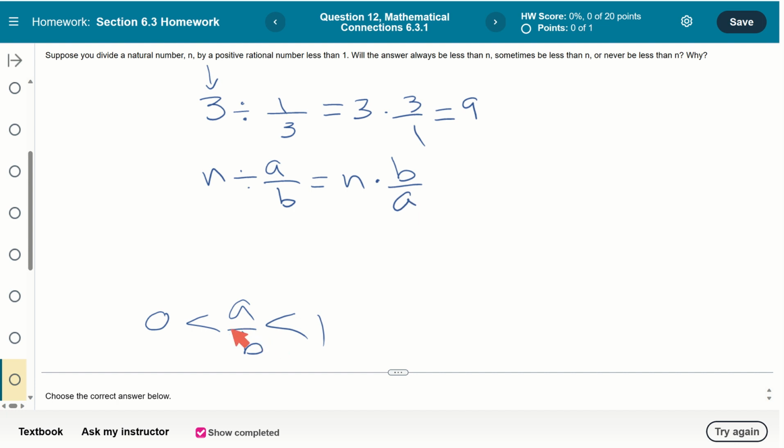Now, whenever you have a number between 0 and 1, they behave very interestingly, so that when you take the reciprocal, that's always going to be greater than 1. Think about it, and try it for yourself. So this is going to be some value greater than 1 multiplied by a natural number. So you're multiplying any natural number by a value greater than 1, you're going to get a larger number. So this result with 9 is not surprising. So the answer would be what? Never.